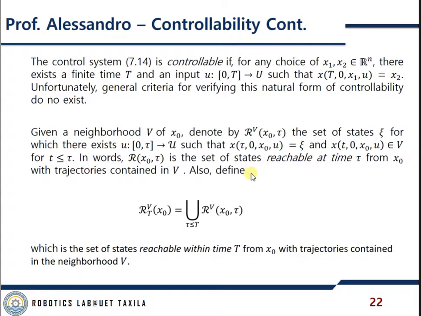It means that starting from x naught at time 0, after some time t greater than 0 but less than tau, with the u input we are going to reach psi.